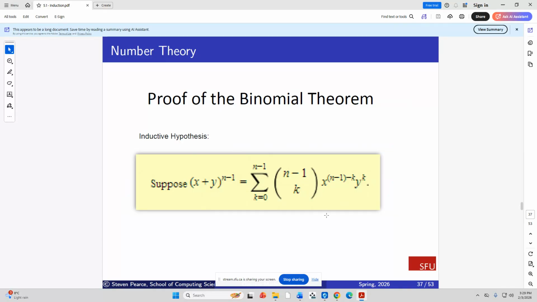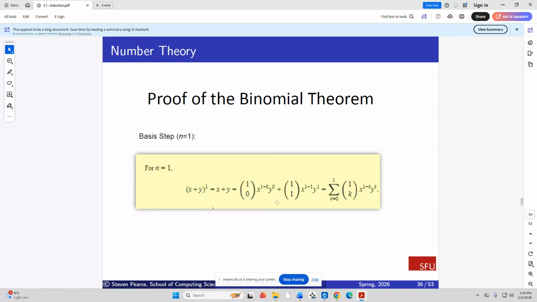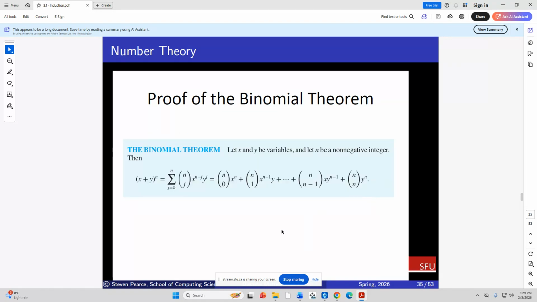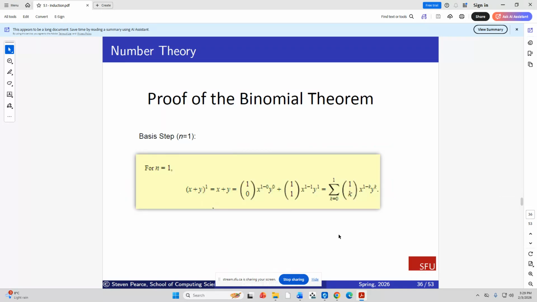You'll find out in chapter 6. See, it's n minus 1 minus k, x to the n minus 1 minus k, and here it's just x to the 1 minus k, y to the k. So you can see that they're different. N minus j, here.